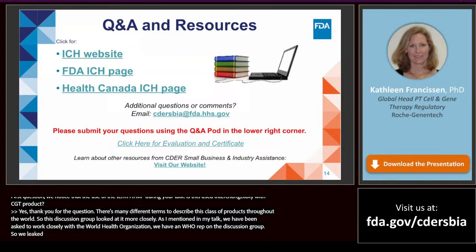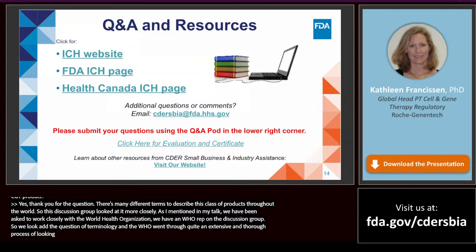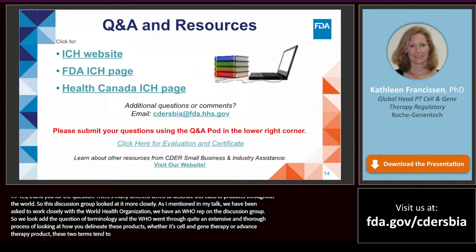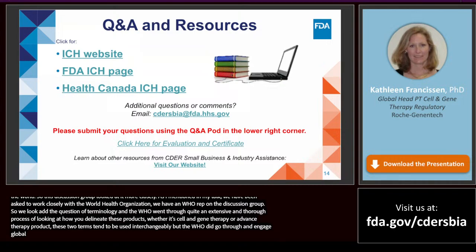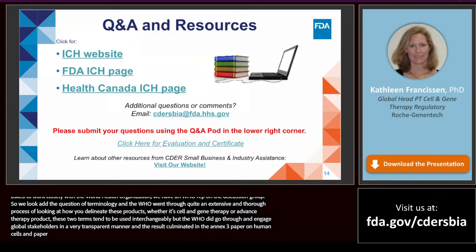Actually, the WHO went through quite an extensive and thorough process of looking at how you delineate these products, be they cell and gene therapies or advanced therapy medicinal products. Those two terms do tend to be used interchangeably. But the WHO engaged global stakeholders in a very transparent manner, and the result of their thorough work culminated in the Annex 3 paper on human cells and tissues and ATMPs, adopted in 2023.